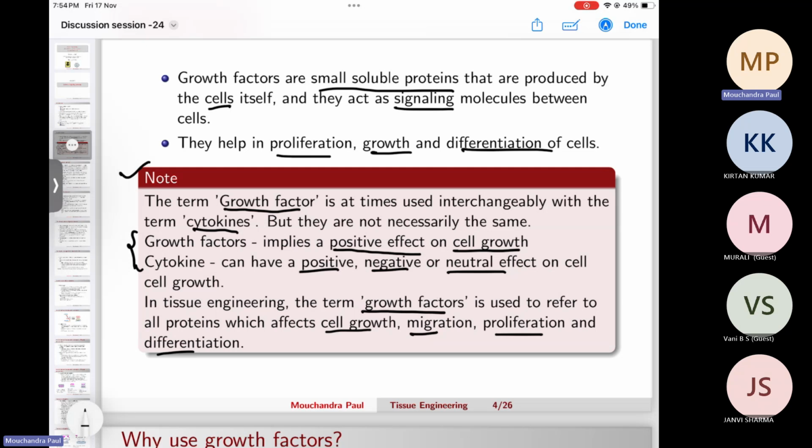When people studied a few molecules which are cytokines as well, and they were seen to show a positive effect on growth, the terms were interchanged. That is why this confusion happened. But in tissue engineering, we will only use the term growth factors to refer to all the proteins affecting these types of cellular fate processes. All right.